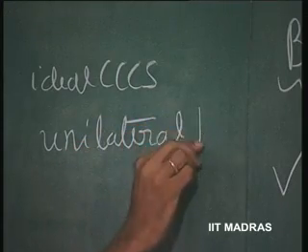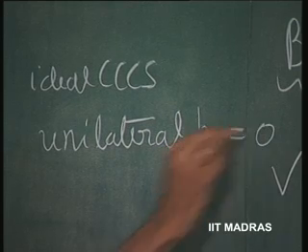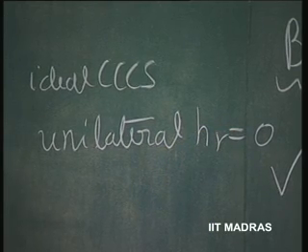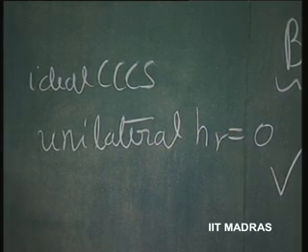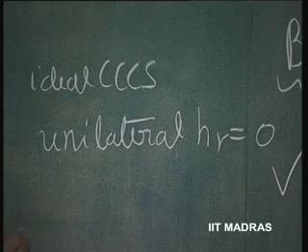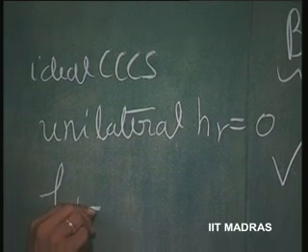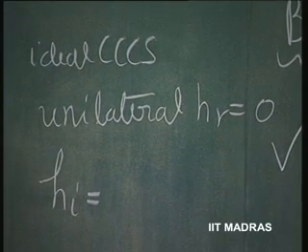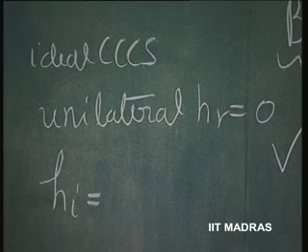So, HR is 0, just as we did in other cases. It can transmit only in the forward direction, reverse transmission is 0, and HI, the short circuit input impedance, is 0.